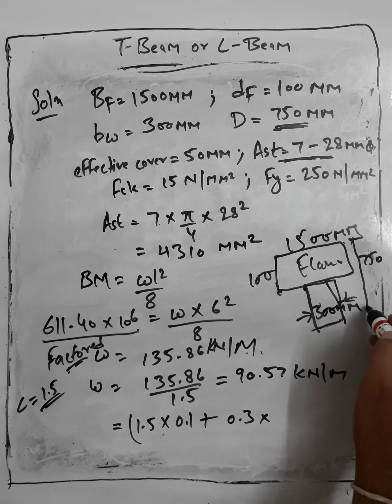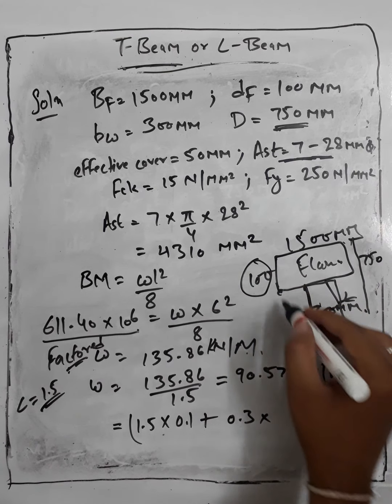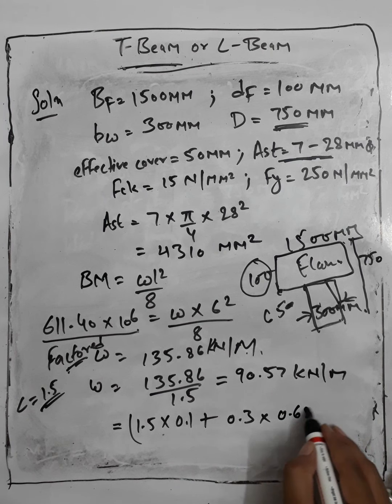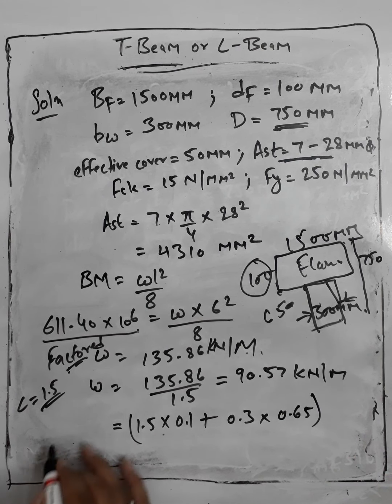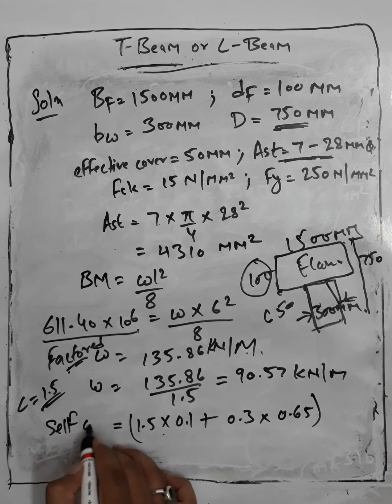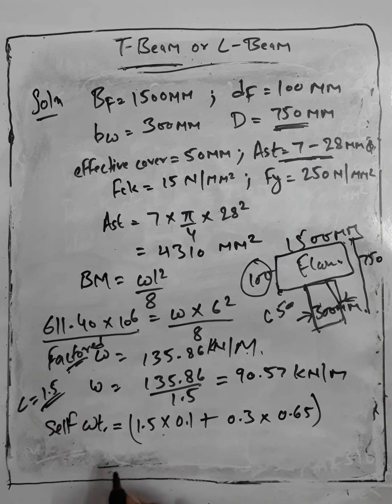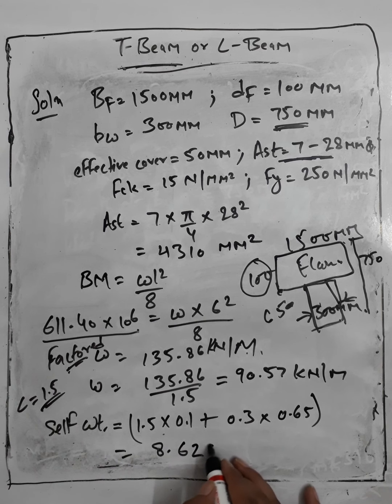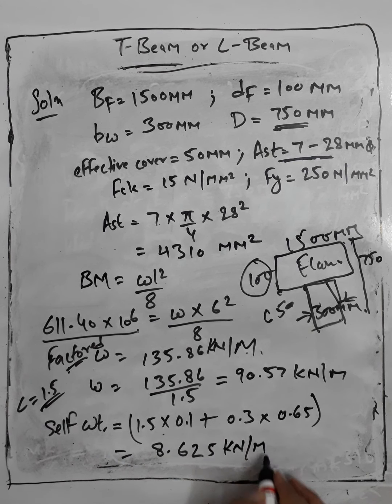Total is 750 and you have to deduct this 100, so you got 650, so 0.65. This is the self weight of beam. So after calculating this, you got here 8.625 kilonewton per meter. This is the self weight.